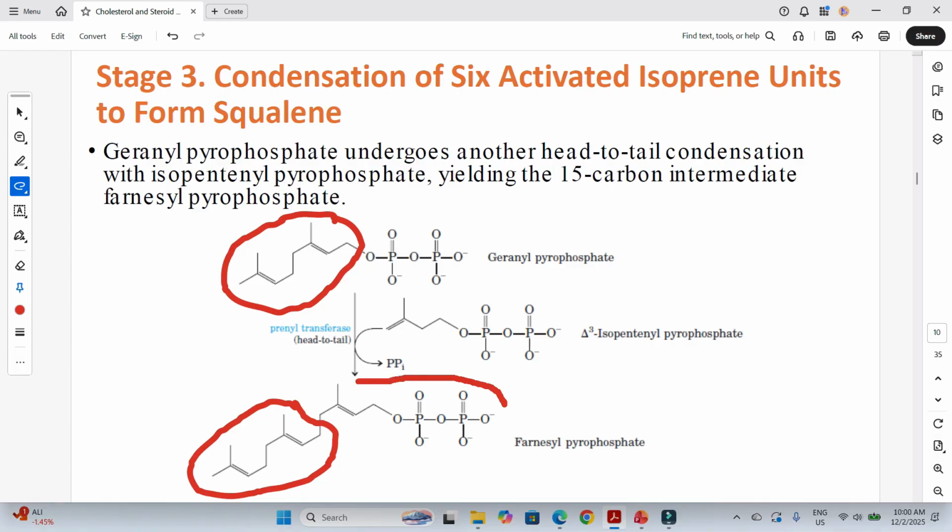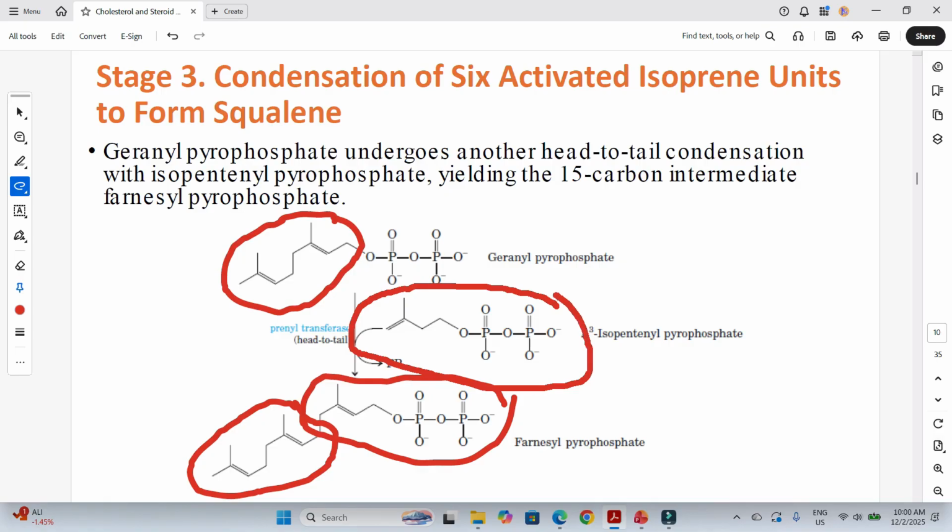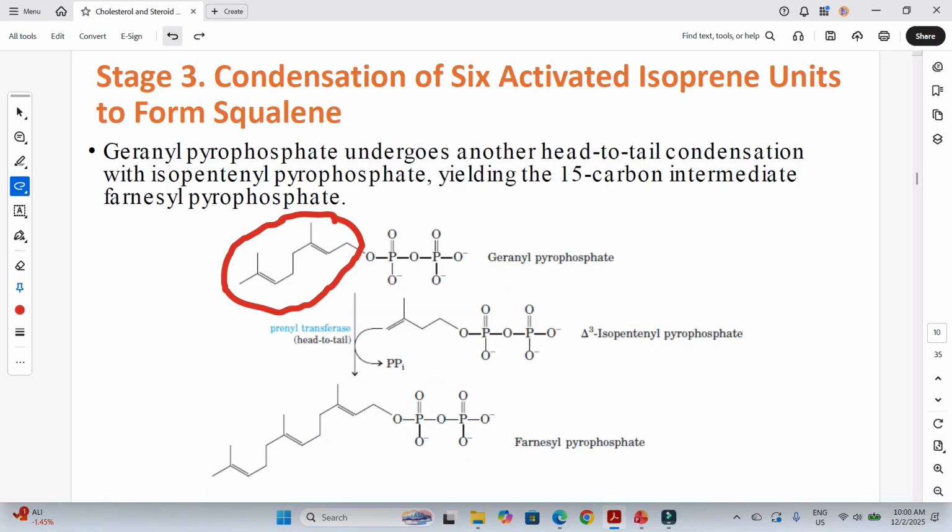So this part actually came from isopentenyl pyrophosphate. I hope that is clear. So we now have a 15 carbon atom intermediate called farnesyl pyrophosphate.